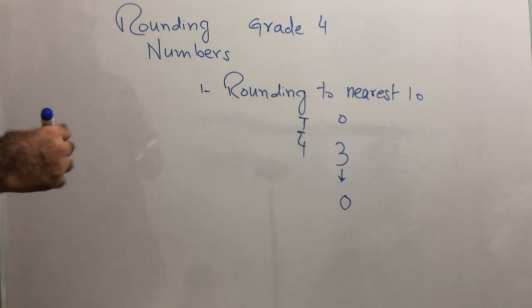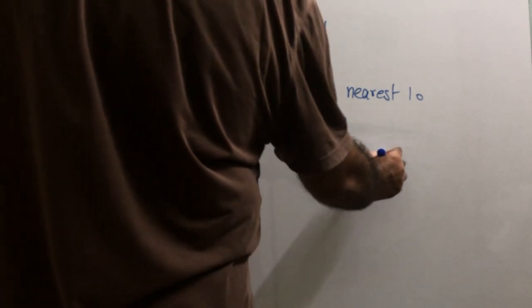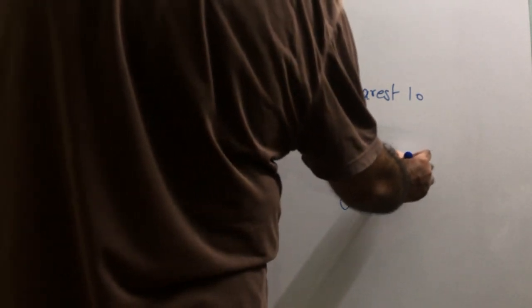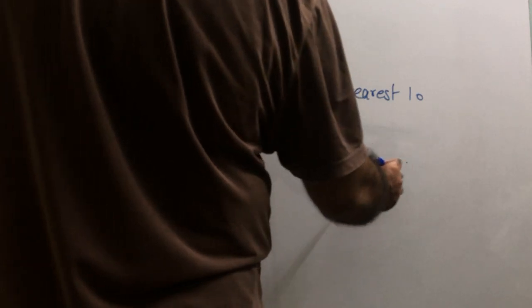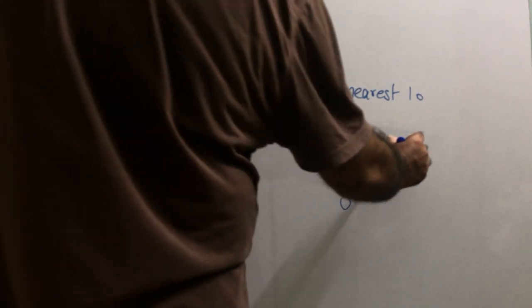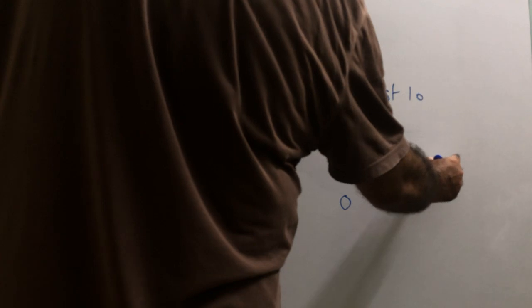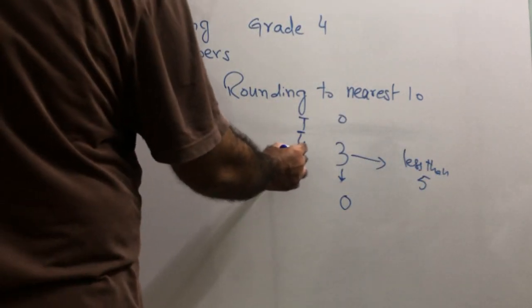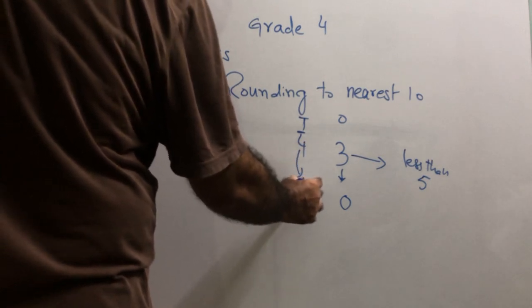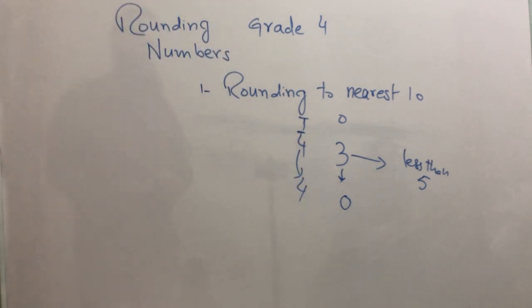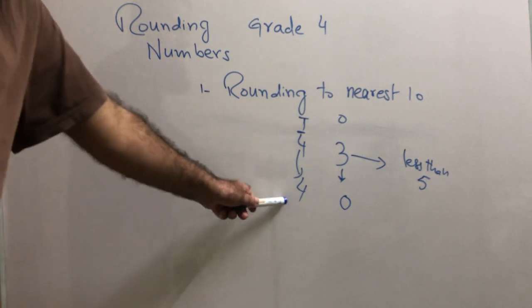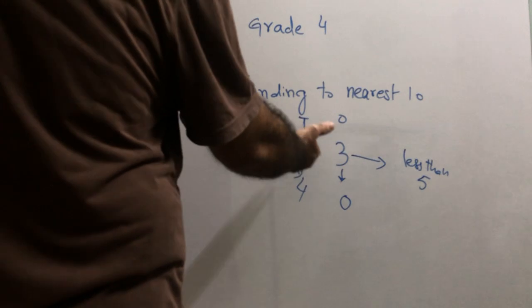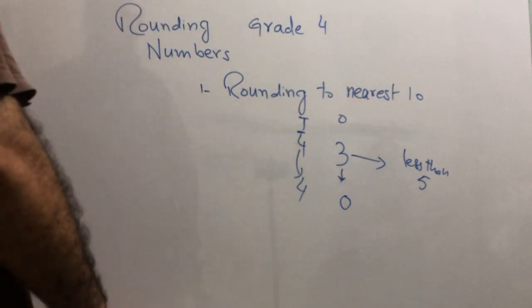The second action is that you need to consider the number on the ones place, whether it is less than or greater than 5. If it is less than 5, then we don't add anything or subtract anything, it remains the same, no change. So we keep it as such. 40 is the answer for rounding 43 to nearest 10.